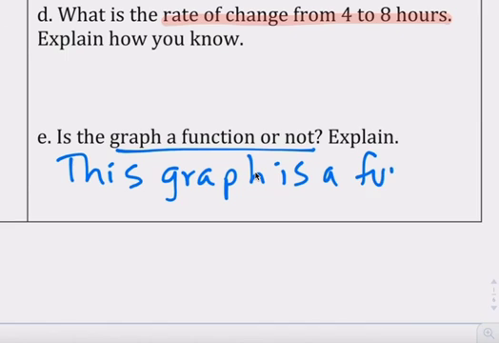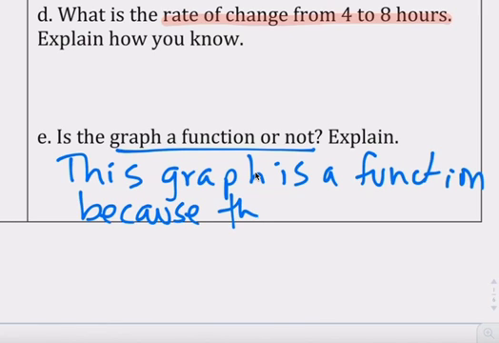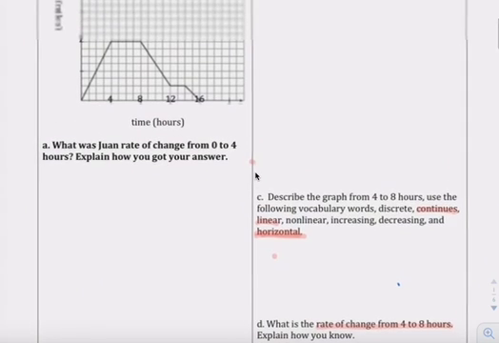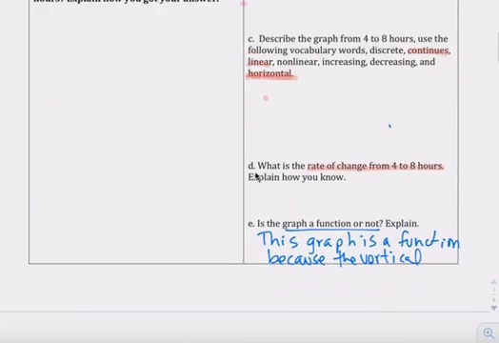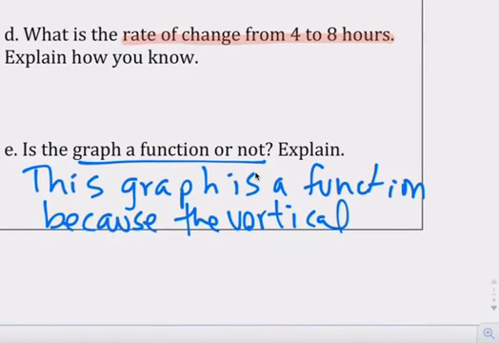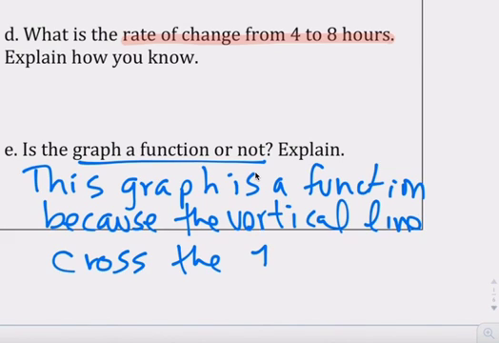Make sure you use a complete sentence, because if you draw a vertical line through this graph anywhere, it only hits the graph one time. The vertical line crosses the graph once. Crosses the graph one time.